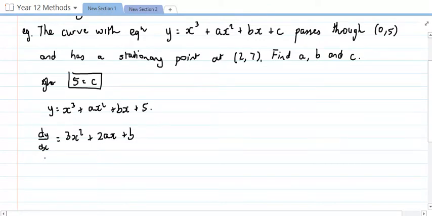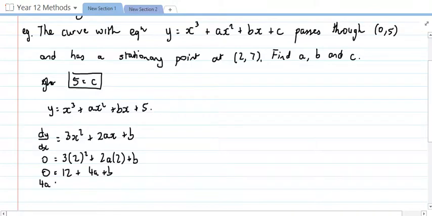So 0 is equal to 3 times 2 squared plus 2a times 2 plus b. And so that means that 0 equals, now 2 squared is 4 times 3 is 12 plus 4a plus b. I might even rearrange that to say that 4a plus b equals negative 12. And I'll call that equation 1.